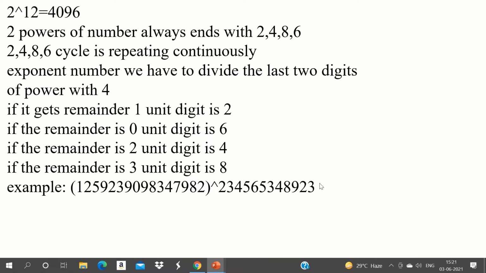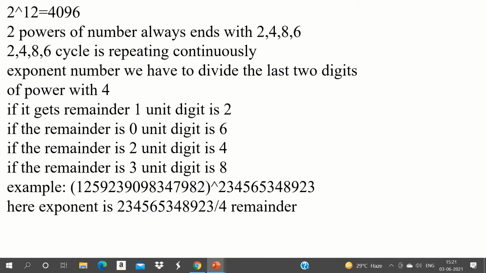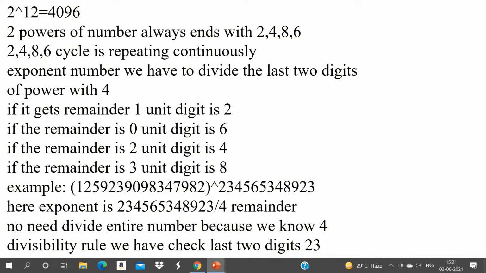If you know the divisibility of 4, we don't have to divide the entire number, only the last two digits. Here we divide only 23 by 4, which gives a remainder of 3. If the remainder is 3, the unit digit is 8.